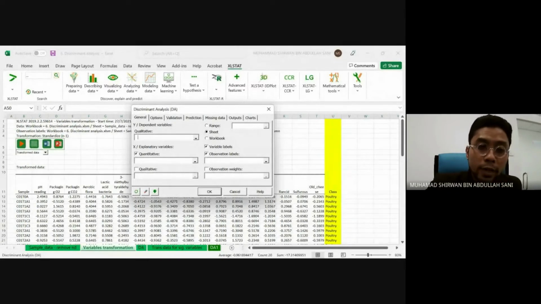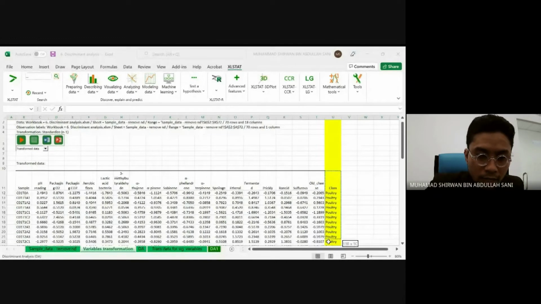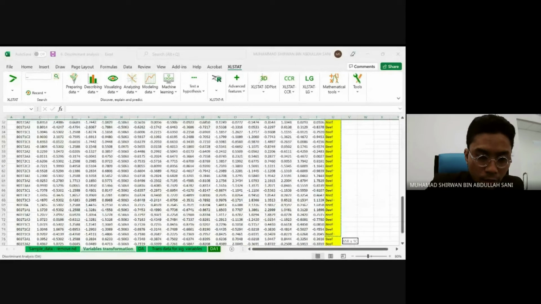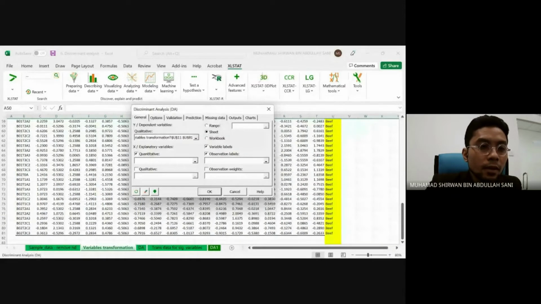Okay, so you can see the first one is Y/dependent variables. So the dependent variable is your class or grouping. So click the class title, drag down to the last row, which is the beef. Like that. Okay, then settle there. Now you see there is an X, explanatory variables.